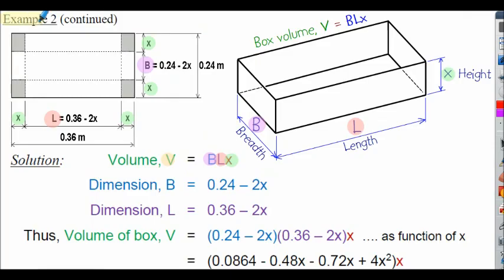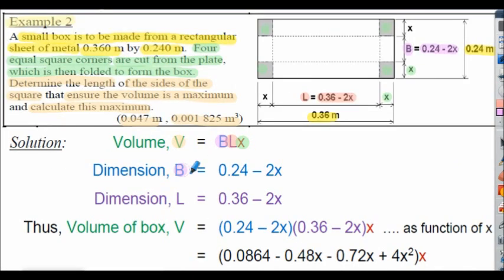Here's example 2 continued, just showing a three-dimensional sketch of the box and the volume calculated from V is equal to BLx. Just clarifying the dimensions, B is 0.24 minus 2x, L is equal to 0.36 minus 2x.